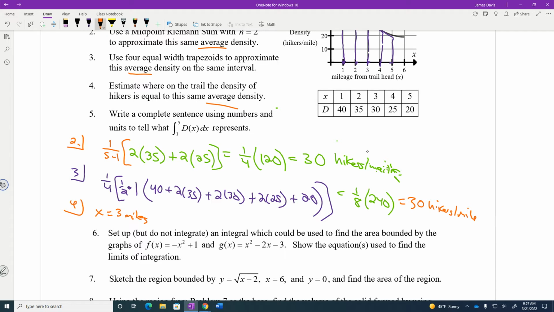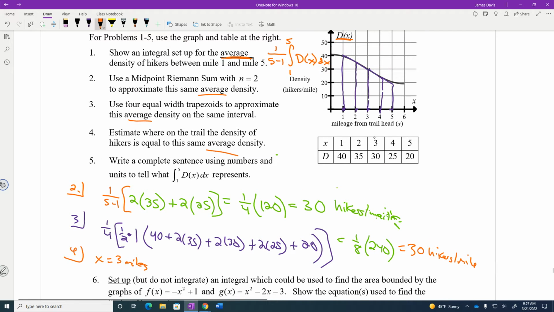And then last one, write a complete sentence using numbers and units to tell what the integral from 1 to 5 of d of x dx means. So this one's not an average because it doesn't have that 1 over b minus a. Generally, when you have an integral, it represents the total amount, the total number. What do you guys want to describe?